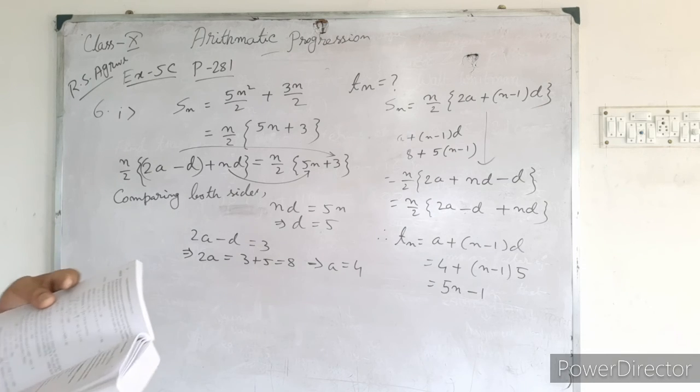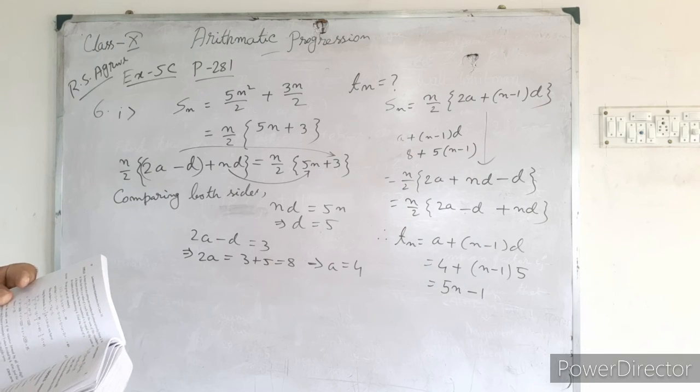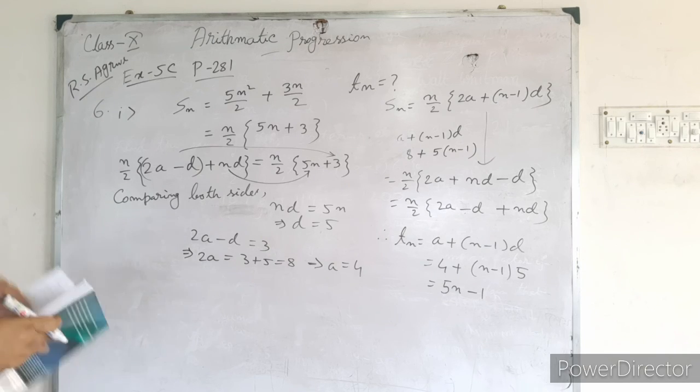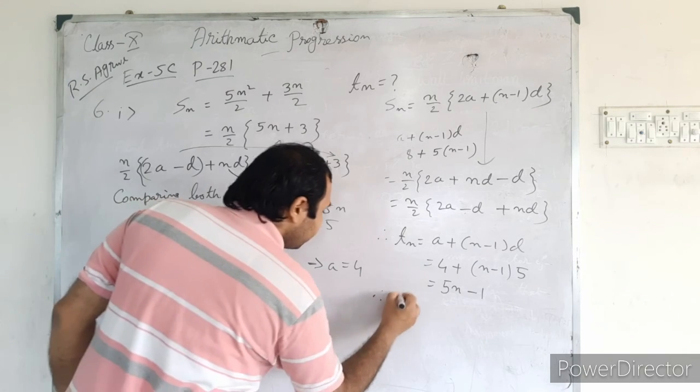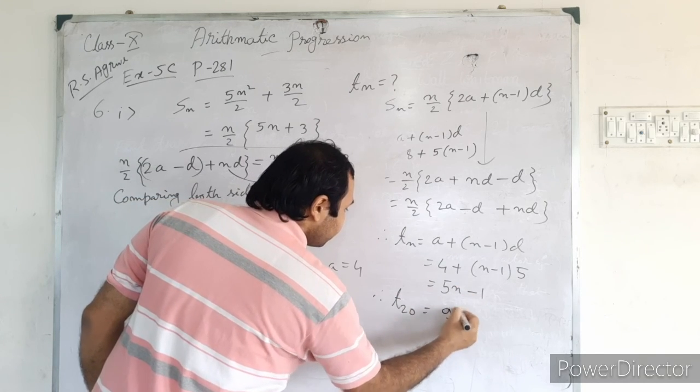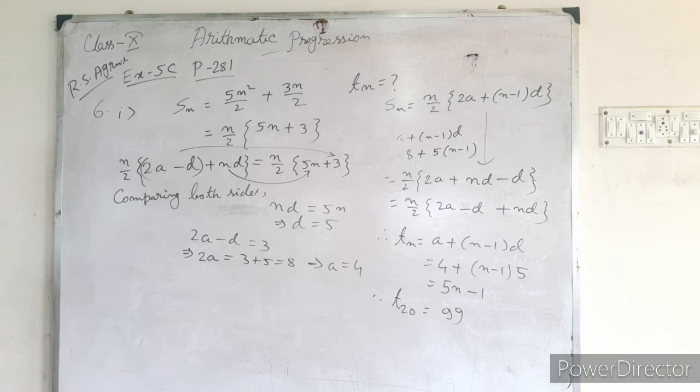Another thing they ask is the 20th term. So now T20 is 5 into 20 minus 1, which is 100 minus 1, so it will be 99. This is the total sum. This type of sum often comes in your board exam, so you have to prepare for these sums.